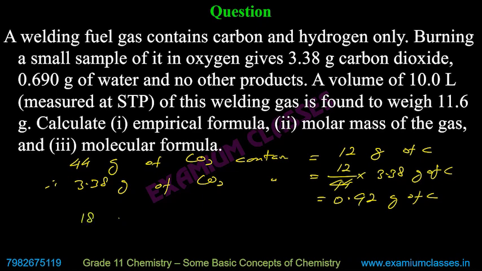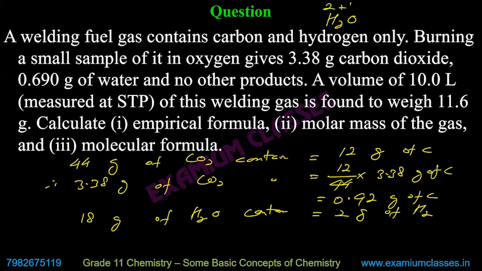Similarly, you will calculate in water. You know that 18 grams of water, H2O, contain 2 grams of hydrogen. So 2 plus 16, total 18. But out of these 18, how much is the oxygen? 16. How much is the hydrogen? 2. So 18 grams has 2 grams of hydrogen.